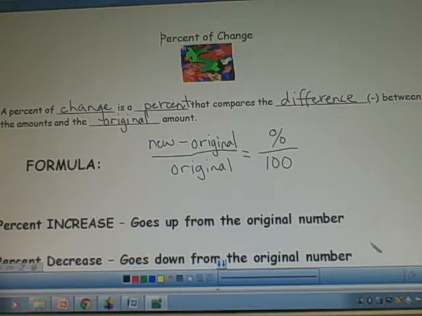So let's say you went to Las Vegas and started out with $200 at the blackjack table, but then you lost $100. So now you only have $100 left. You've decreased the amount of money you originally started with by a certain percentage, and we're going to figure out how to get that percentage.